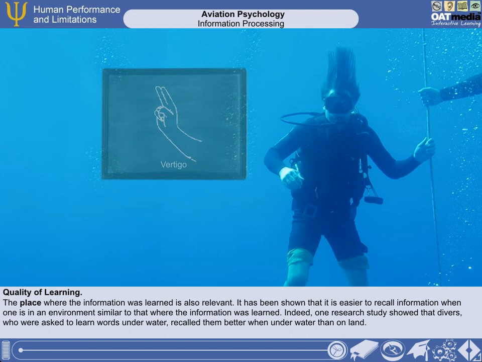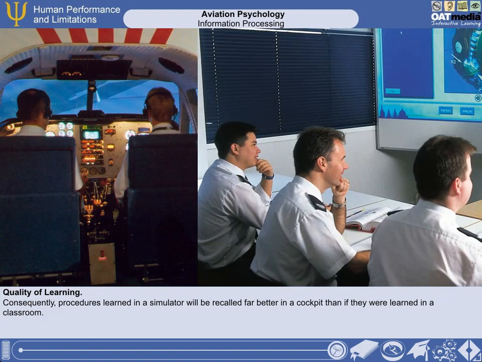Indeed, one research study shows that divers, who were asked to learn words underwater, recalled them better when underwater than on land. Consequently, procedures learned in a simulator will be recalled far better in a cockpit than if they were learned in a classroom.